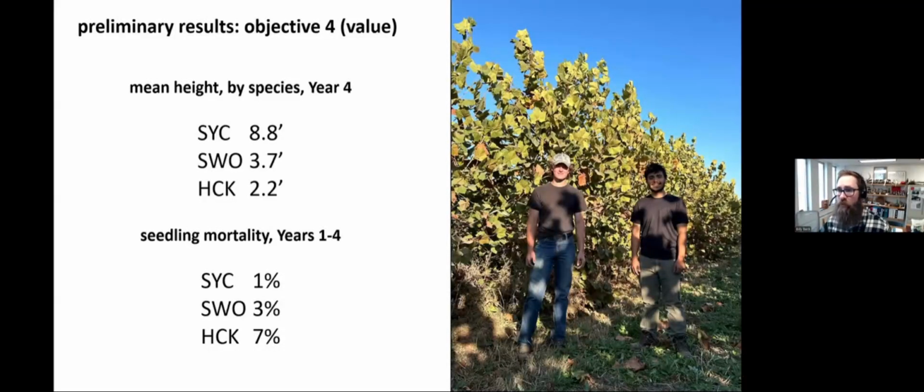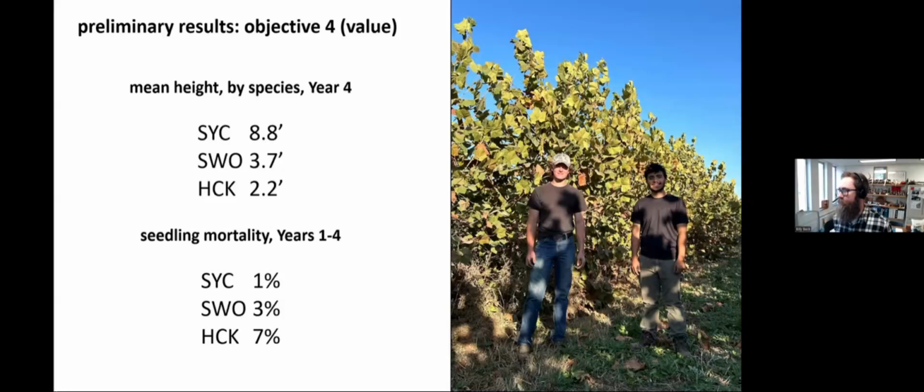But there's a range of spacings you could do. We packed them pretty tight. I wouldn't say super tight, but pretty tight because we wanted them to grow rapidly upward and not expand out laterally right off the bat.